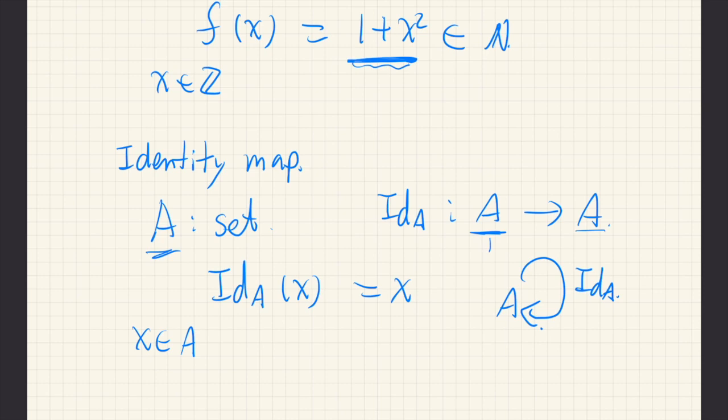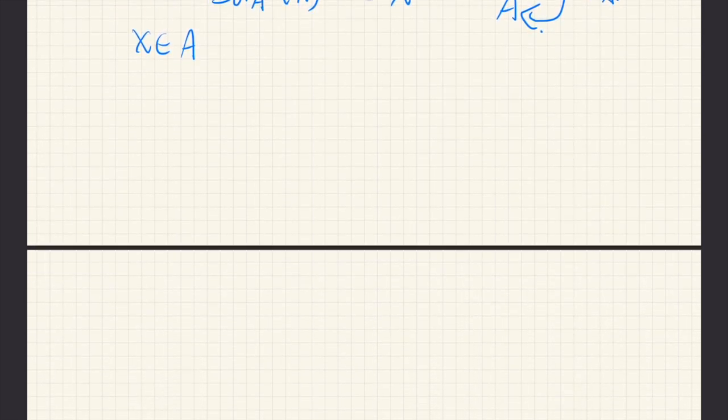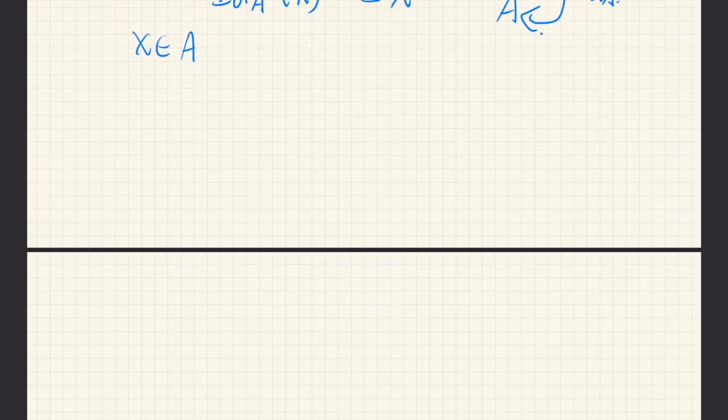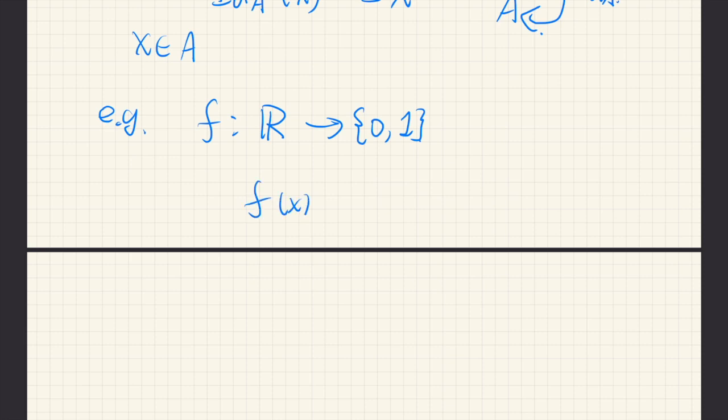Let's see a few more examples of maps. Let's define a function from the set of real numbers to the set of 0 and 1 in the following manner. That is, f of x, of course x is a real number, is equal to 1 if x is a rational number and 0 otherwise.